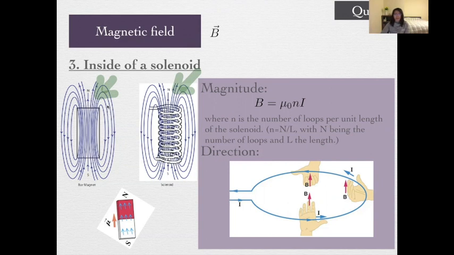And since the magnetic fields look almost identical, the magnetic field outside of this solenoid will be too complicated to calculate, so we are not going to do that. What we can calculate, again just like a ring, is the magnetic field inside the solenoid.